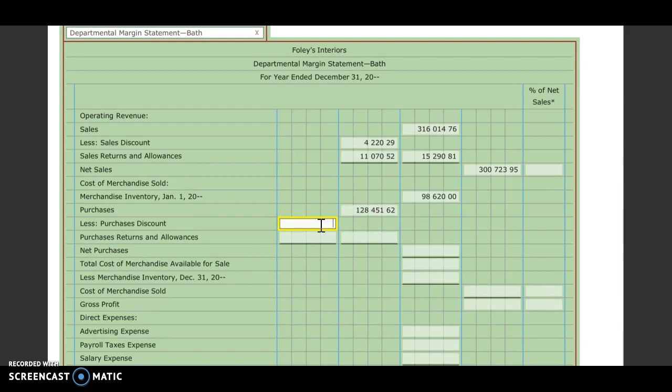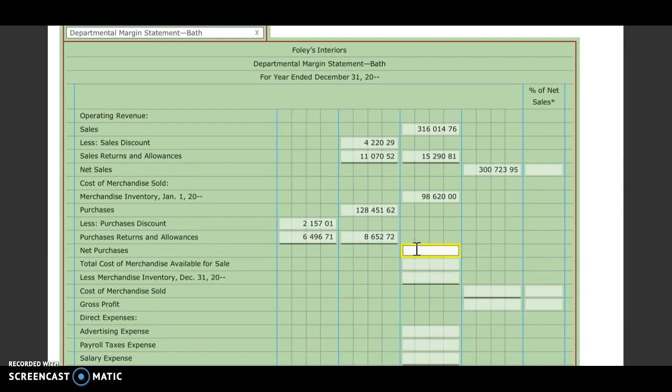Purchases discount, $2,157.01. Purchases, returns, and allowances, $6,495.71. We'll add those two deductions together. $8,652.72.